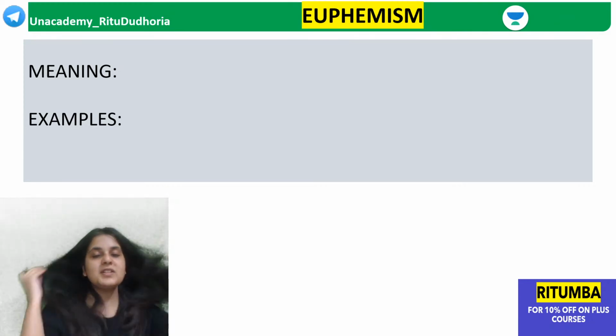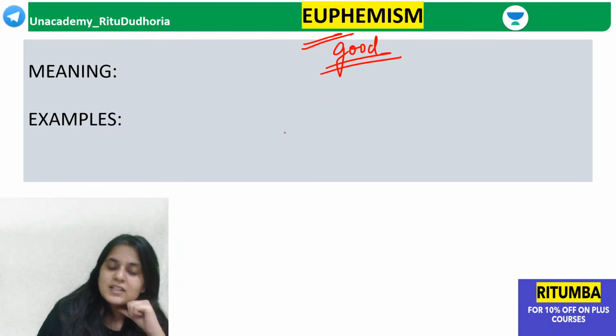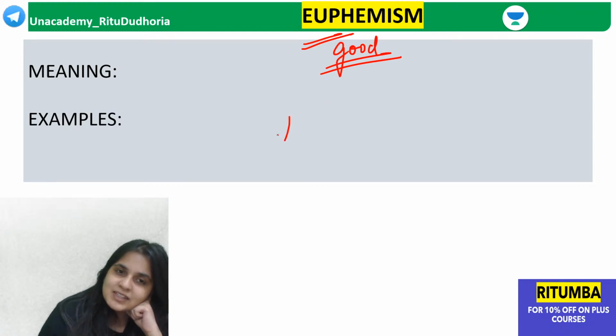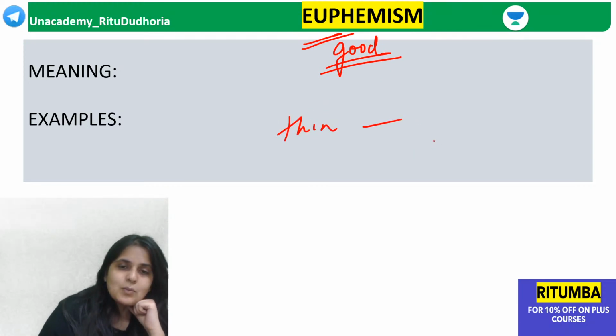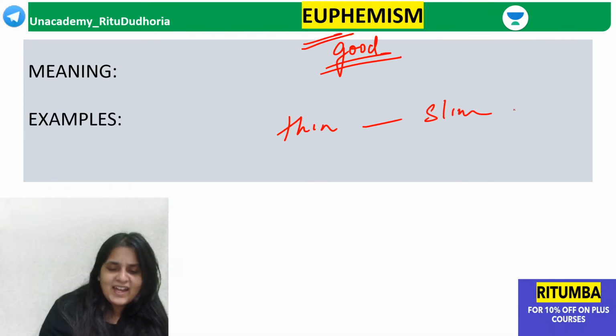Okay, what is euphemism? So guys, when you say euphemism, EU basically means good. Instead of calling someone thin, you can call someone slim. Instead of calling someone fat, you call someone healthy.